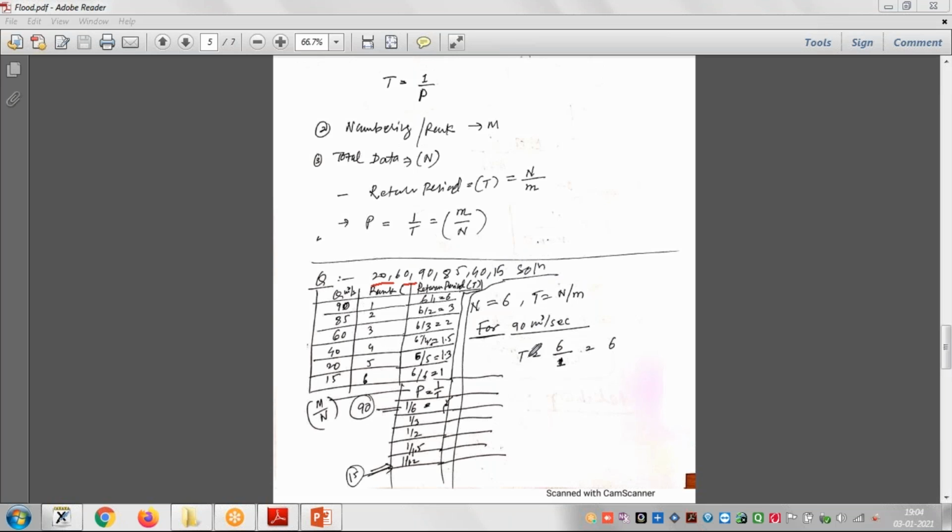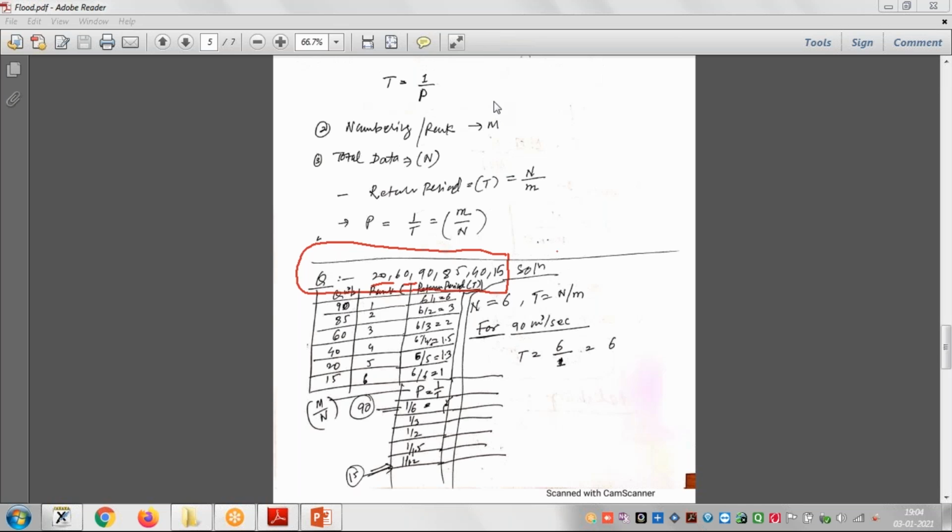So how can we find this t value or p value or n value? If you see this, these are some data given here.